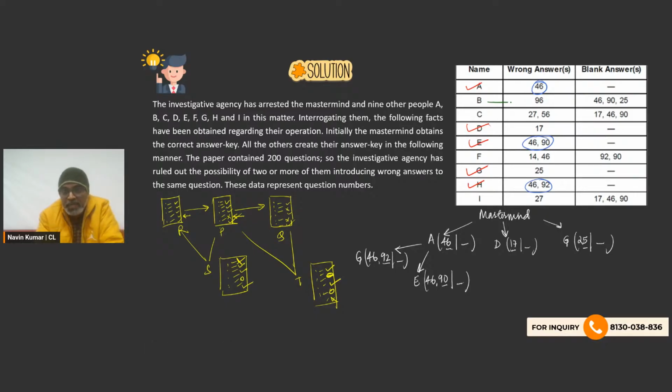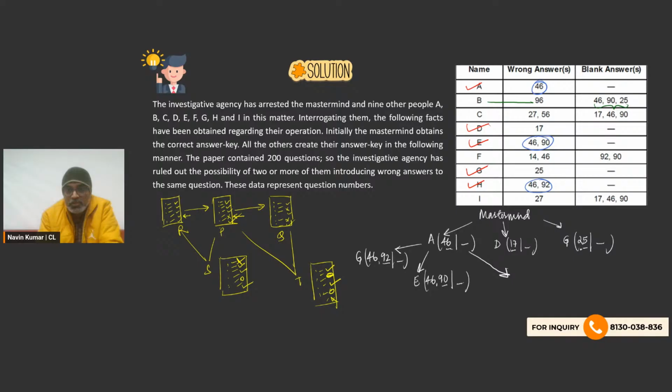So if we look at B, he has a wrong answer, which is 96. And then he has three blank answers, which are 46, 90, and 25. So 46, 90, and 25 will happen when that person gets discrepancies in question numbers 46, 90, and 25, which means his sources should be those people who have marked questions 46, 90, and 25 wrong.